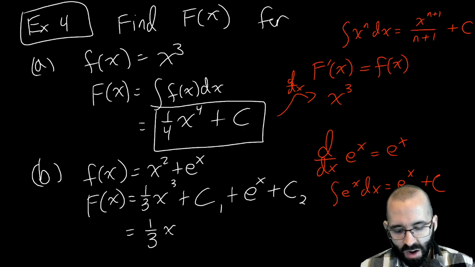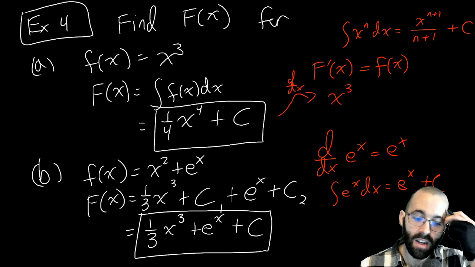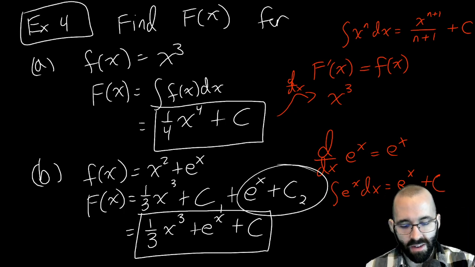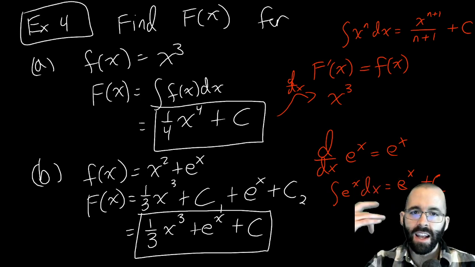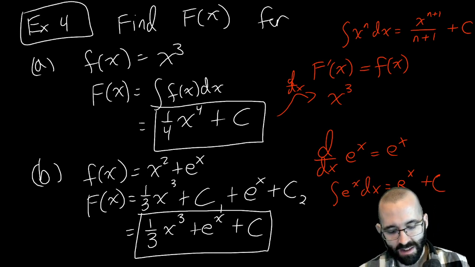Basically, we'll always just jump to combining those constants. Even though finding these two antiderivatives could give different constants, since it can be any constant, any real number plus any real number is still just any real number.